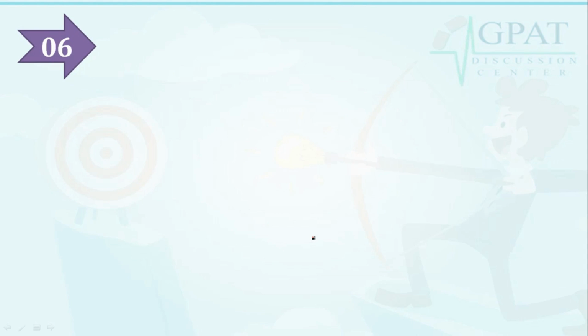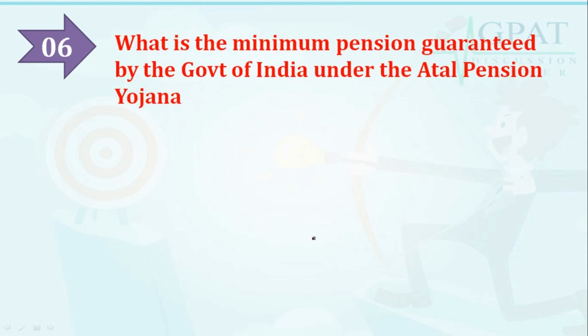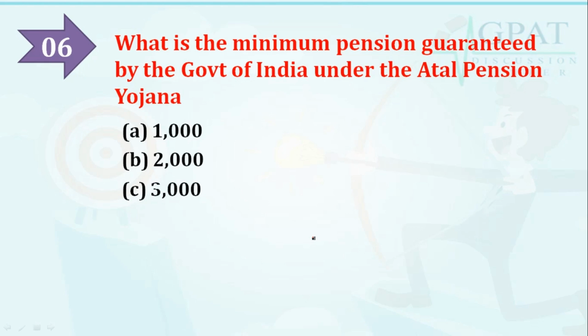Next question, question number 6. What is the minimum pension guaranteed by the government of India under the Atal Pension Yojana? And the options are 1,000, 2,000, 3,000 or 5,000. And the right option is 1,000.